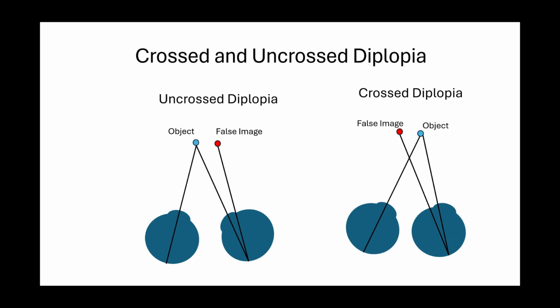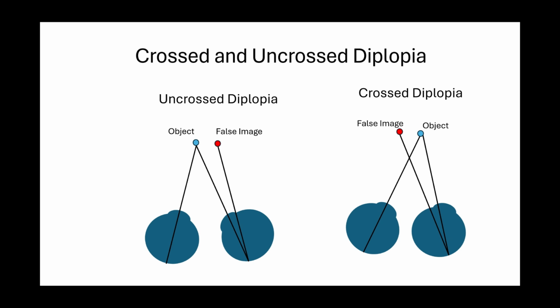As here the right eye is slightly rotated inwards. So what happens? The object, instead of being perceived at the fovea, is now perceived slightly nasal to the fovea. But we all know when the point nasal to the fovea is stimulated, it projects the image temporal to the original object.